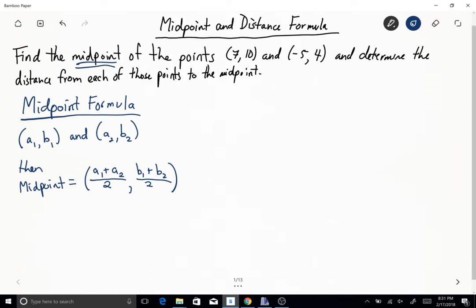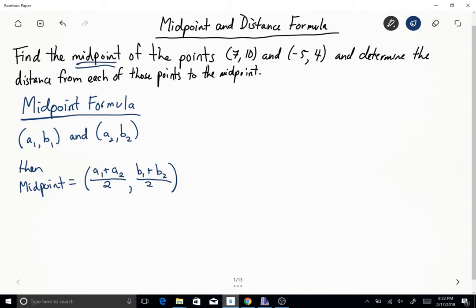Now, does it matter which term you call A1, which term you call B1? No, not whatsoever. Excuse me, the order within A1, B1 does matter, but which point you call A1, B1 and which one you call A2, B2 will not make a difference whatsoever. So you can have choices.